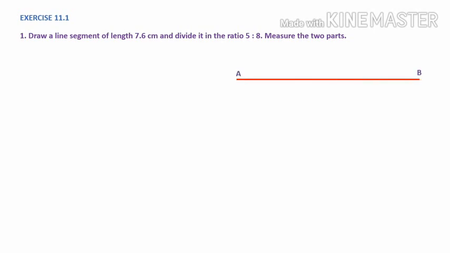The first one, we have to draw a line segment of length 7.6 cm and label it as AB, A and B on both the ends. Next we have to draw a ray AX making an acute angle with the line AB. Next we have to add this ratio 5 and 8. 5:8. If you add 5 and 8 we will get 13.